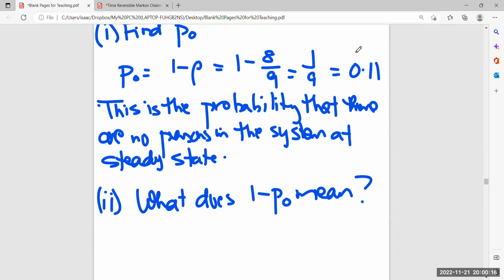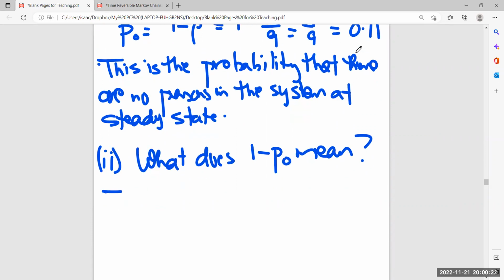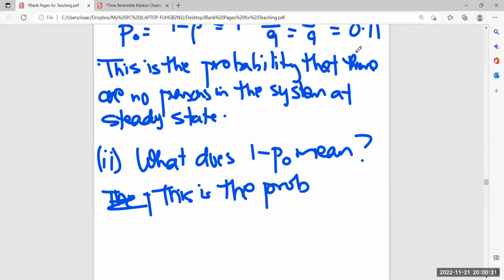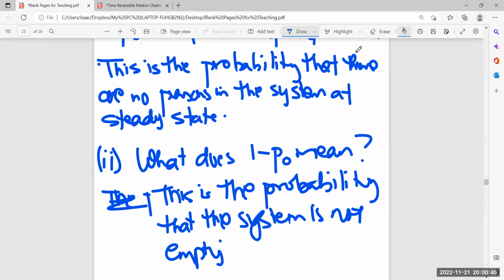So that means the system is not empty, right? This is the probability that the system is not empty.